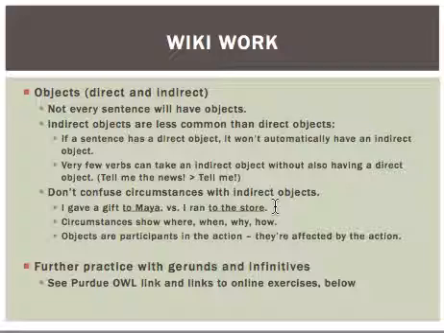She's somehow affected by the action. Something is happening to her as a result of gave. Whereas I ran to the store, nothing is happening to the store. It's just telling us where the action happened. So objects are participants in the action. They're affected by the action.